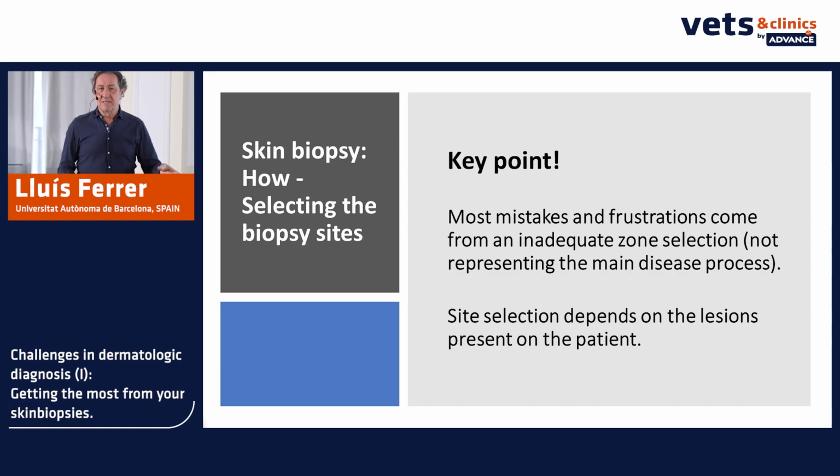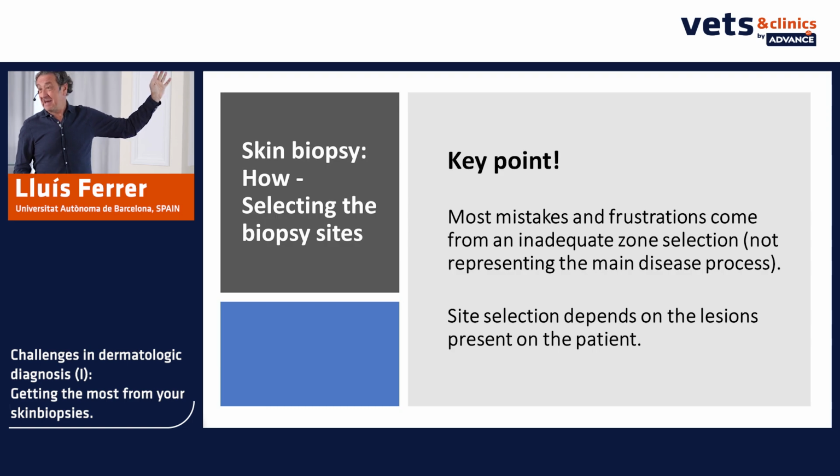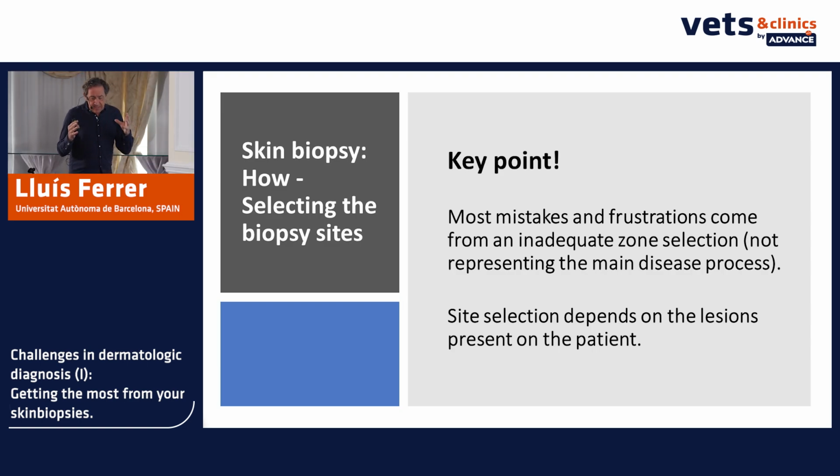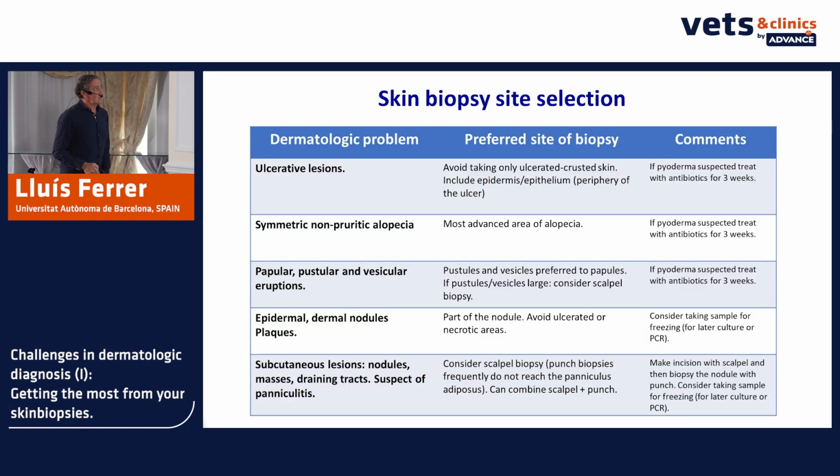Most mistakes, like the first one that you have seen at the beginning of the talk, are a consequence of a bad selection of the sites. This needs a lot of thinking before proceeding to select the sites. There are very strict rules about how to do this, and it depends on the lesions that the patient has.